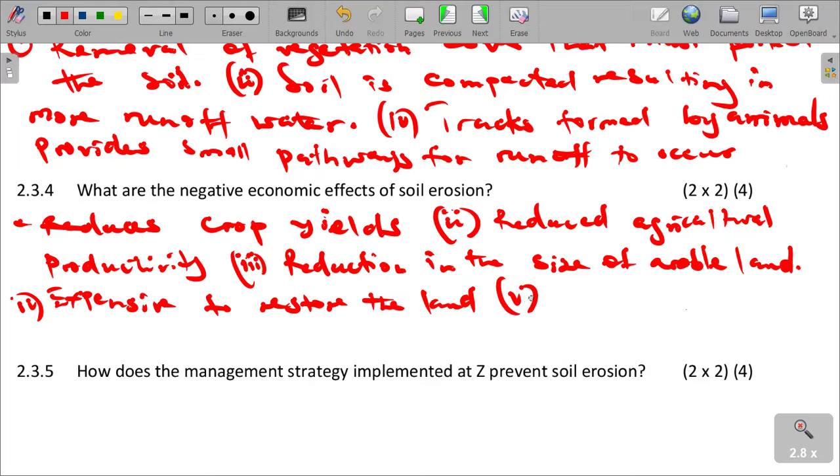We also have increased insurance premiums. Land is insured, and therefore it results in increased insurance premiums.